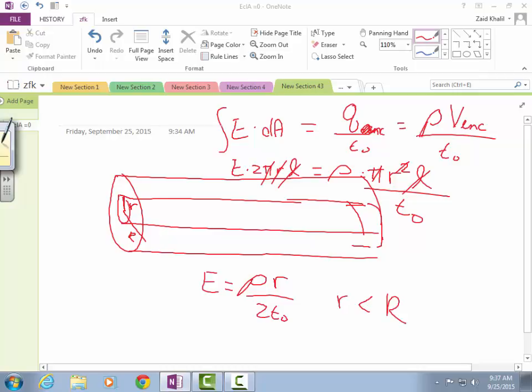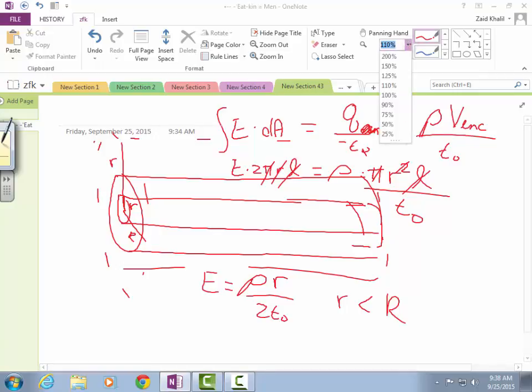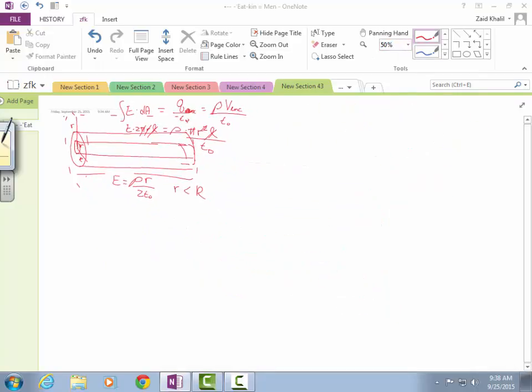Then we enclose this in a bigger cylinder. Let's write out Gauss's law again. Now we're going to call this little r. I'm going to zoom out. And so we have the integral of E dot dA equal to Q enclosed over epsilon naught.